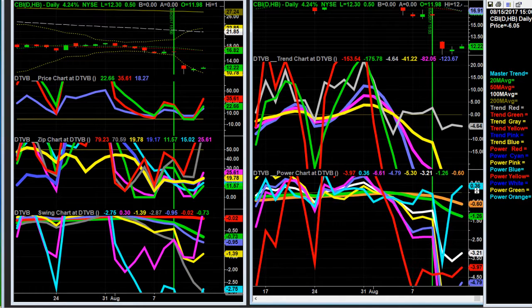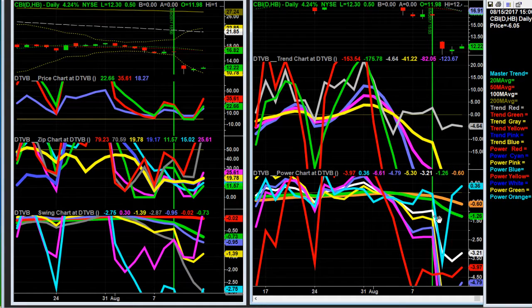In your power chart, you have power Zion that's in a low angle down, and it's gone under 0, but it is above power orange. The power 4, pink, blue, white, and yellow, are all underneath power orange. So what we've got here is, like we see so many times, Zion is opposite of the power 4.